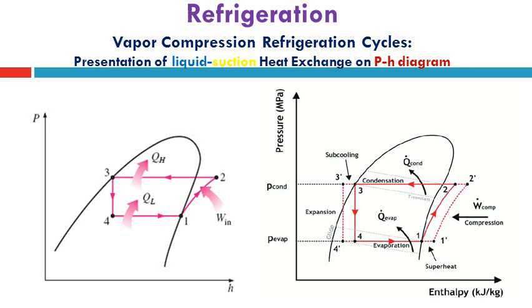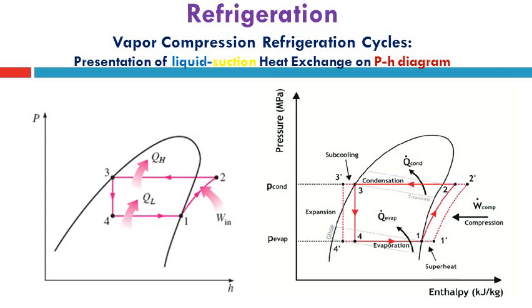The heat gained by this vapor is transferred from the subcooled liquid at high temperature at the outlet of the condenser. By this heat exchange, the COP may increase for certain refrigerants, not all the refrigerants. We can use this heat exchange between the liquid line and suction line.